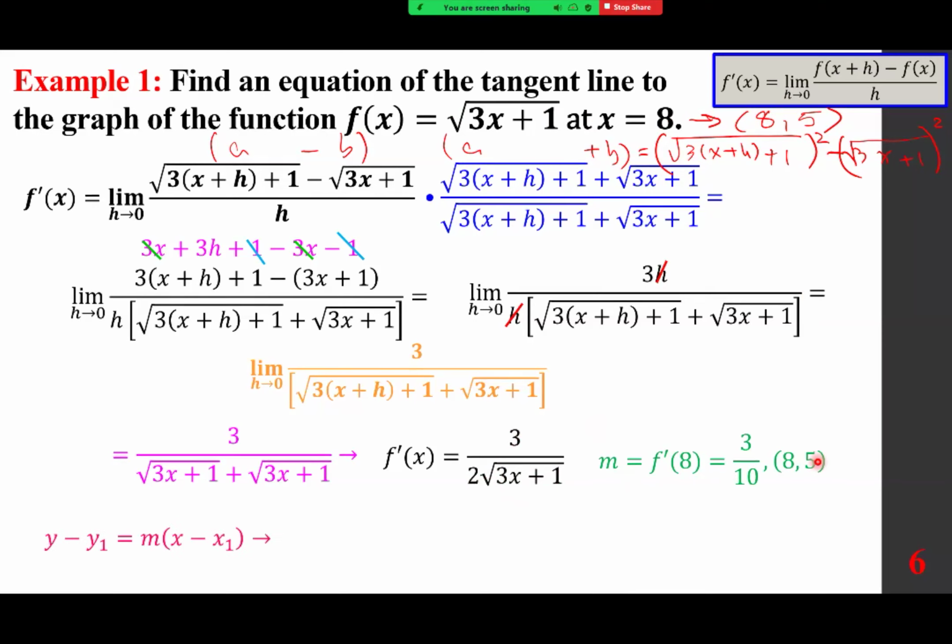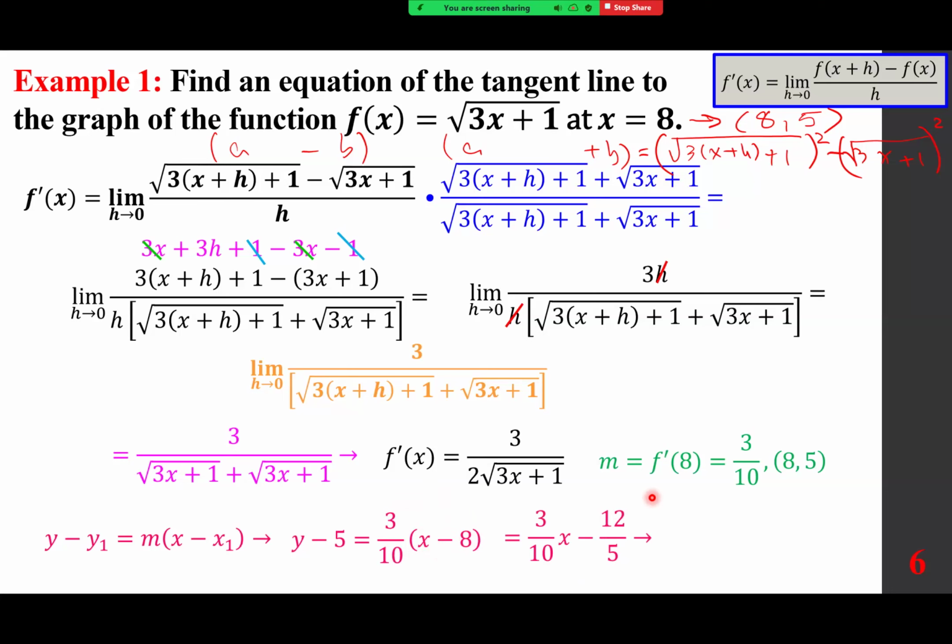y minus y1 equals m times x minus x sub 1. So y minus 5 equals 3 over 10 times x minus 8. You distribute, you get 3/10 of x. And then when you multiply these two, you get negative 24 over 10 or negative 12 over 5. Please understand the product of these two.